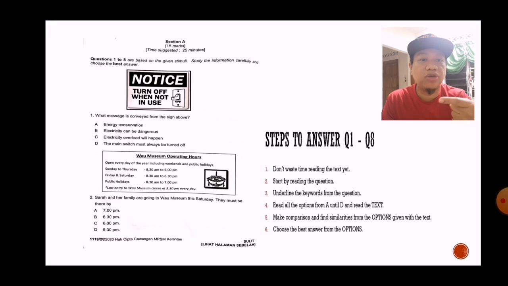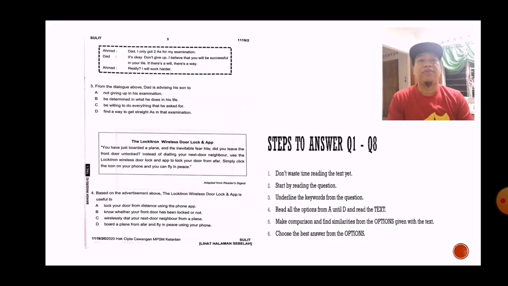The first part has 8 questions, from question 1 until question 8. Let me give you another example of the question. This is for question 3. So let us look at question 3.